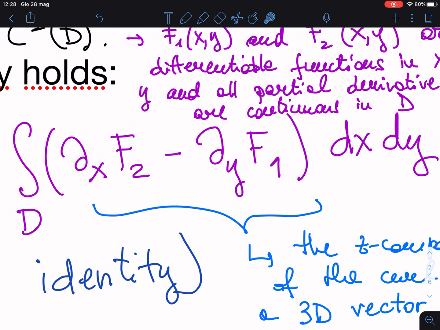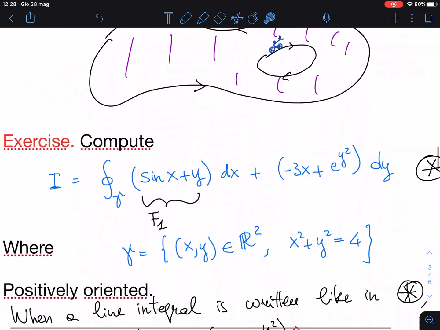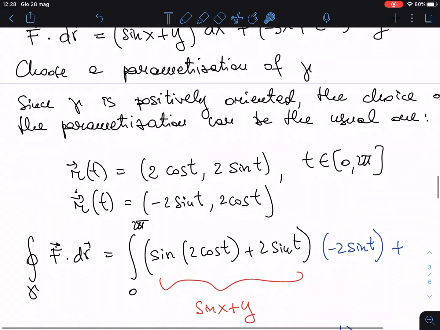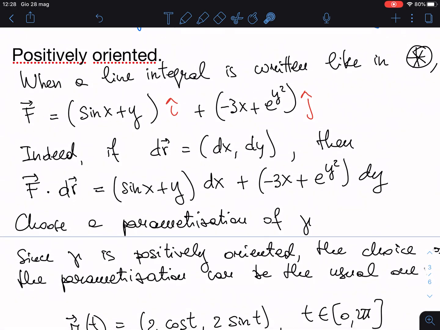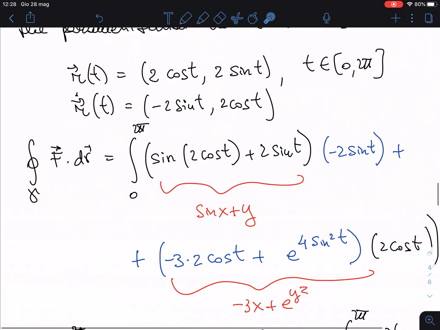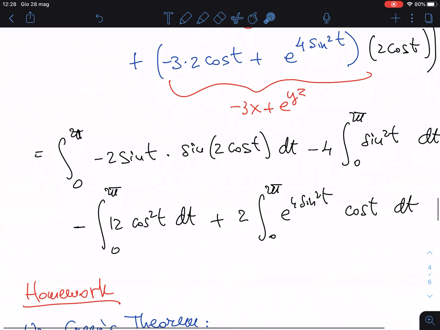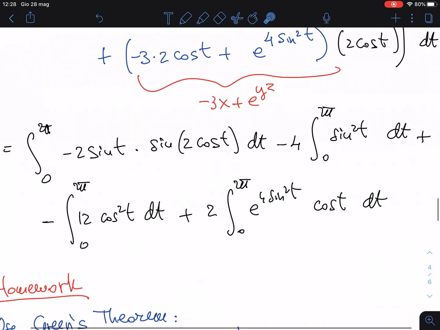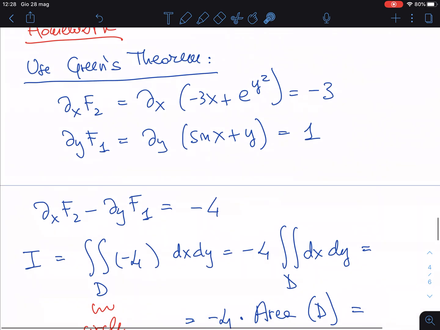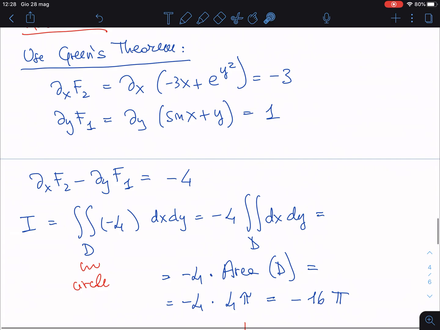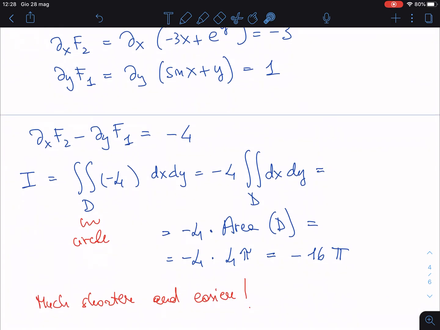It depends on cases. We had an example in which the direct computation of the circulation is quite a cumbersome integral, but it can be done. On the other hand, using Green's theorem, the computation was extremely easy. There are examples of this type and also other examples.